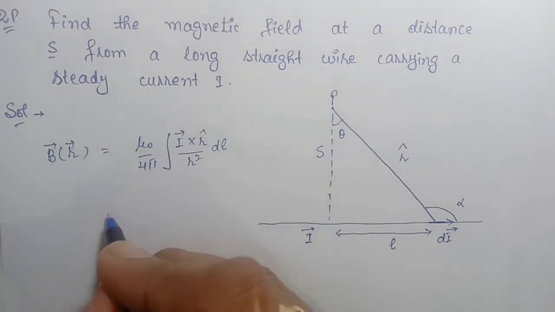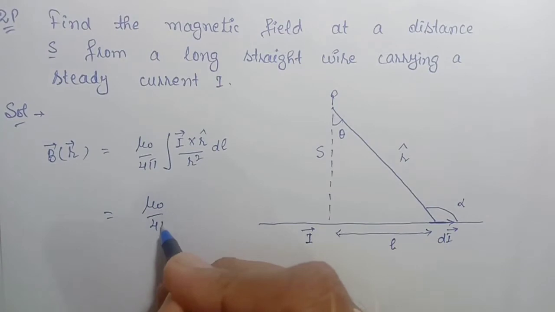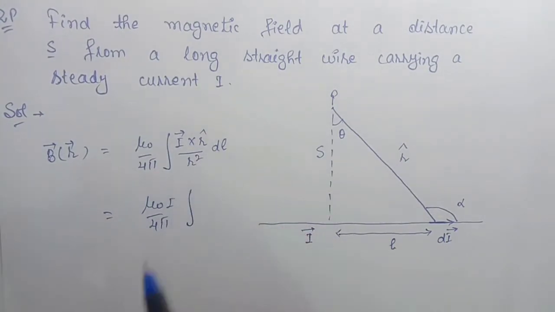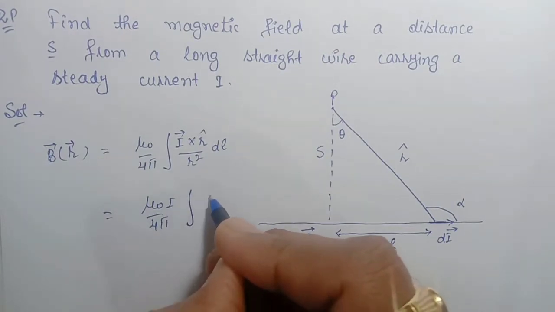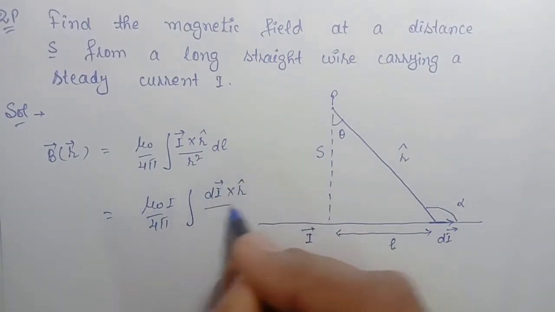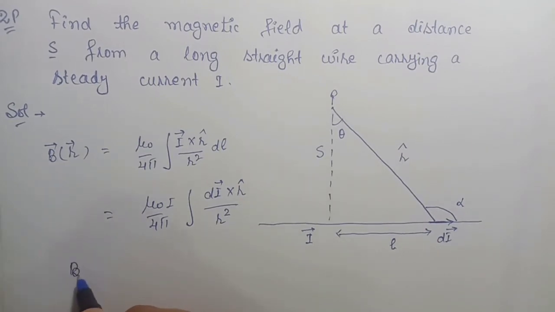Or we can write mu naught over 4 pi, here I dl and I dl are interchangeable, so we can write dI cross r cap over r square.